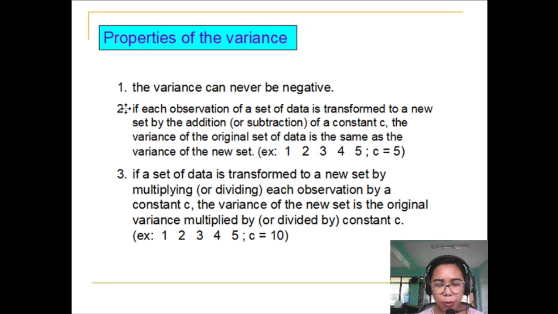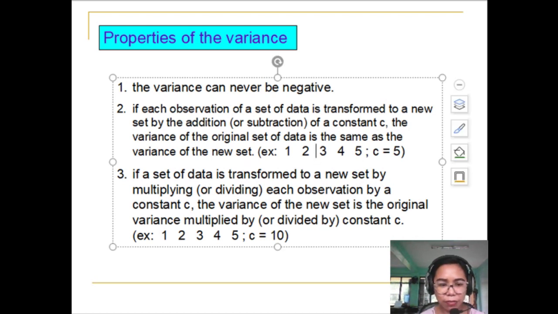Then the second property is that if each observation of a set of data is transformed to a new set by adding or subtracting a constant c, the variance of the original set of data is the same as the variance of the new set.